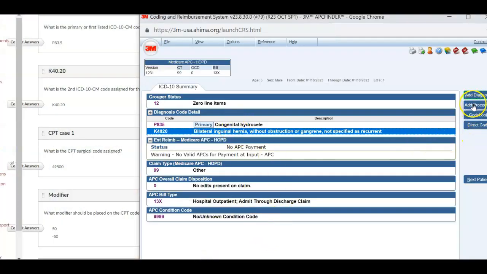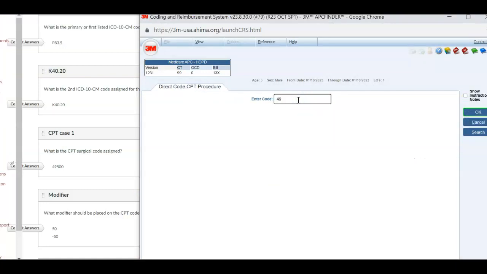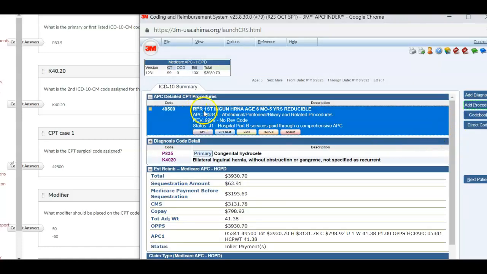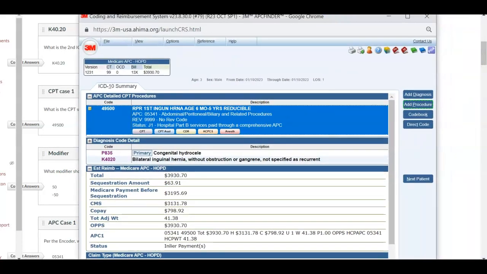All right, so I'm going to add procedure 49500. Right, as you see here, repair hernia, under 5 years old. This patient was under. Okay, and what modifier? We're going to do 50. I'll show you how I'm going to add 50 to that modifier.